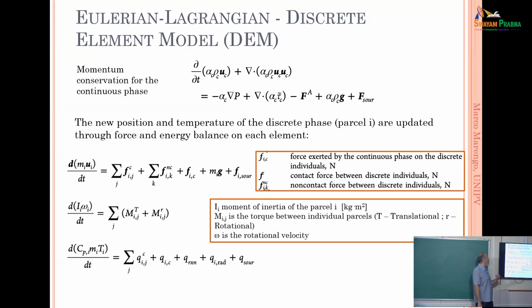Same thing for the angular momentum. If, for example, we have particles that are not spherical, they can move, so we may have an angular momentum, as I said. The Euler-Lagrangian simulations are very strong in this respect, because we can really have different situations also in terms of the rotational velocity of the particles and so on.